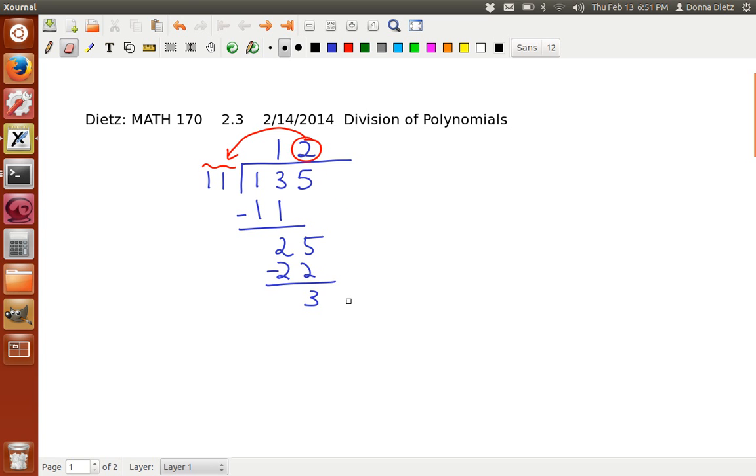But that's not what we're doing. We're going to do the style that typically is taught first, which is remainder 3. Another way of writing that is 12 and 3/11ths, which is equal to 12 plus 3 over 11.